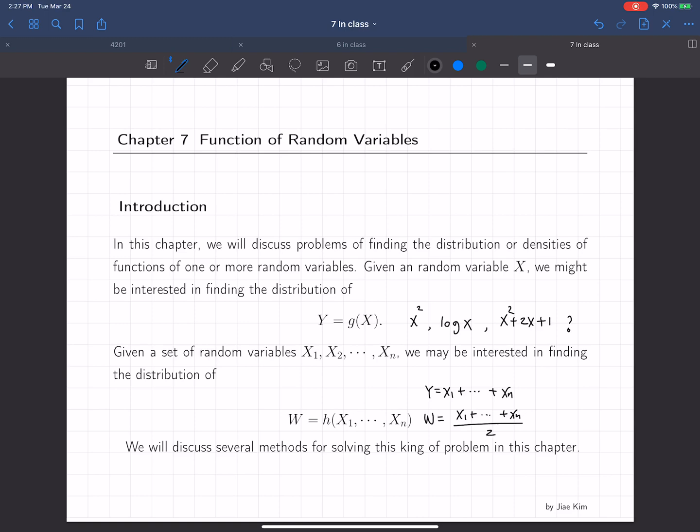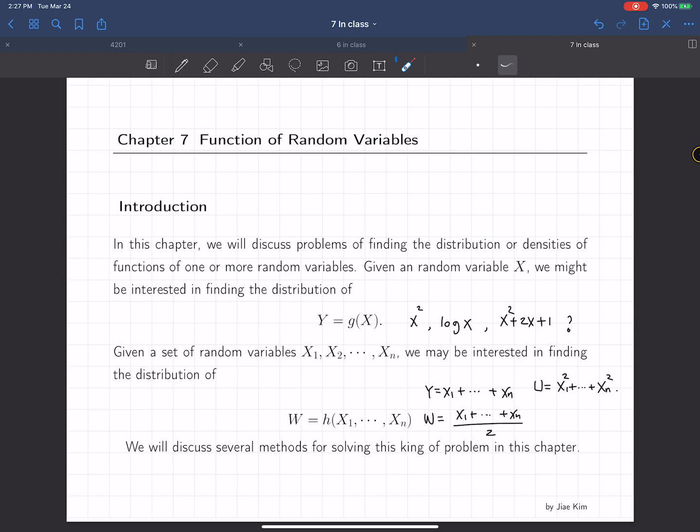Or the variance of them? Or the sum of the squared quantities? Those are the possible transformations of given multiple random variables.